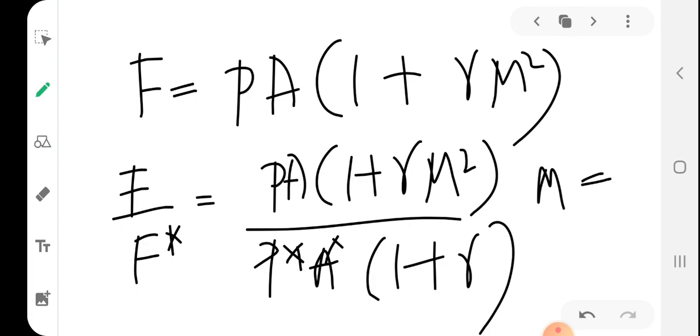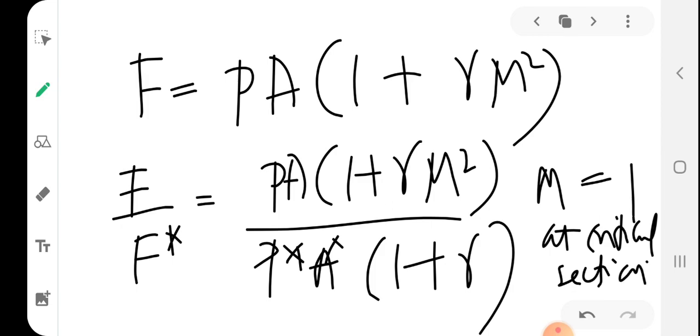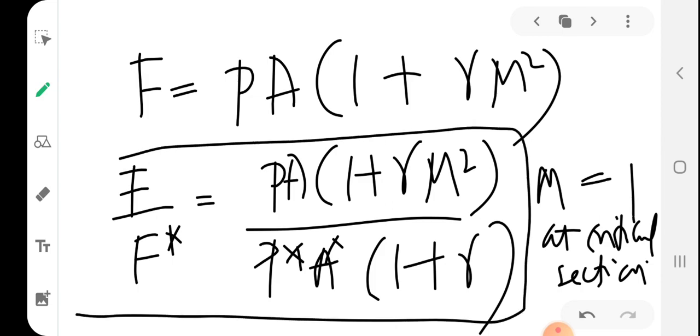M at the critical section is 1, so M star is 1 at the critical section, right? So this is a dimensionless impulse function.